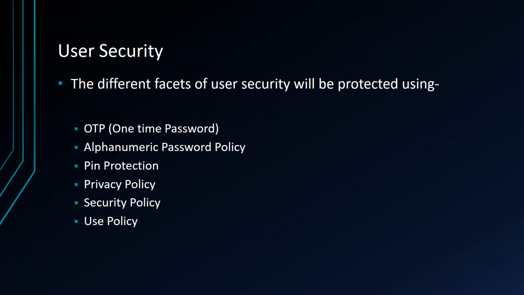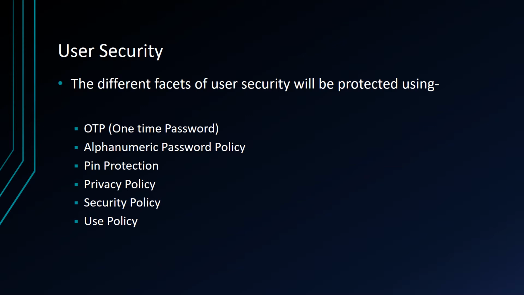This application will also take several steps to take care of the security aspect. Therefore, the team Techmania has decided to use different types of user security functions to protect the data of both the user and the organization.